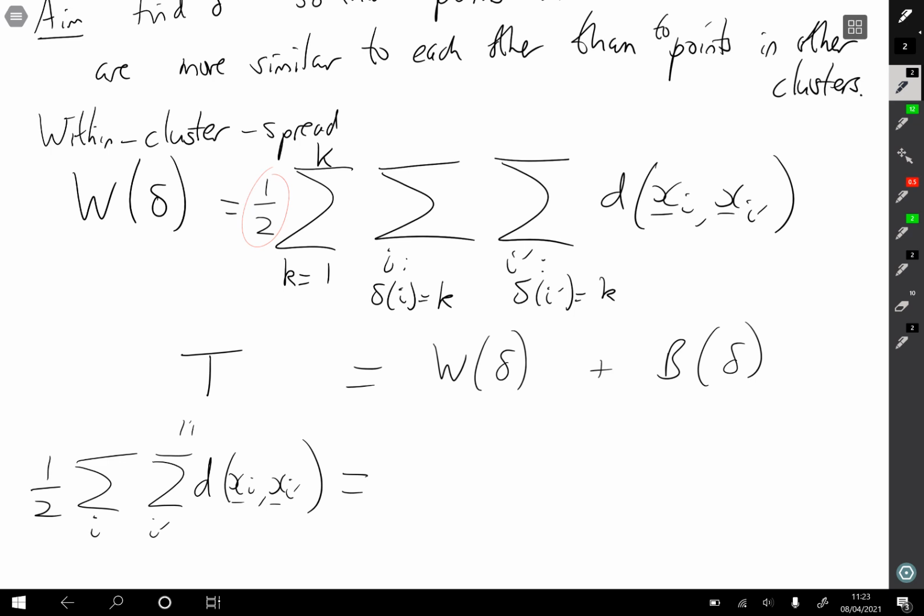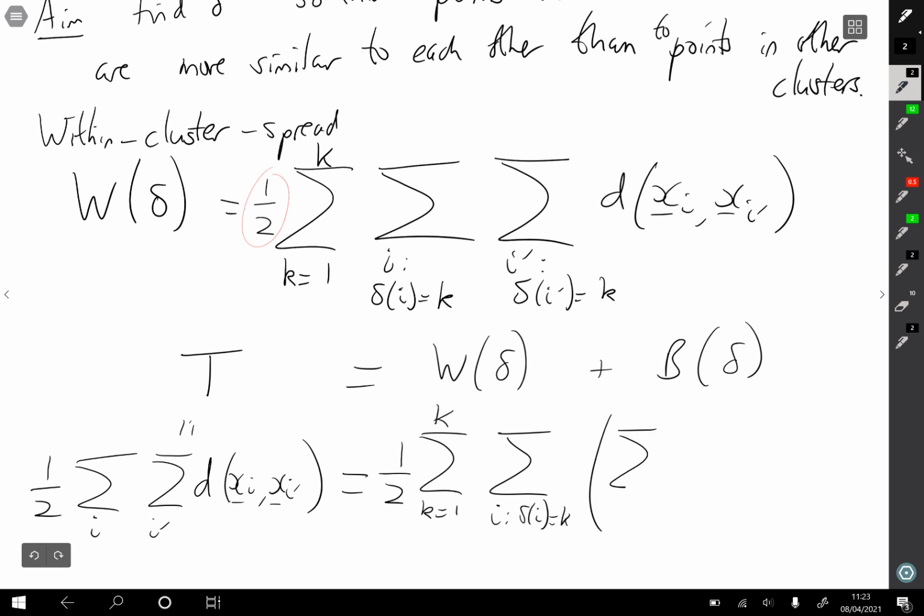Well, let's split this up. We can split this into the sum over the different clusters, k equals 1 up to k. Remember, each point is in one cluster. So let's have all those i's such that delta i equals k.